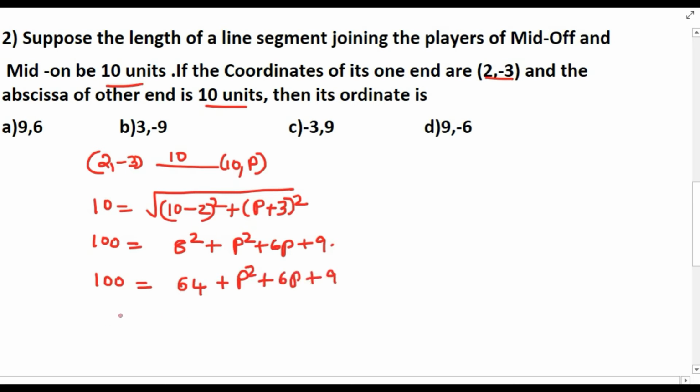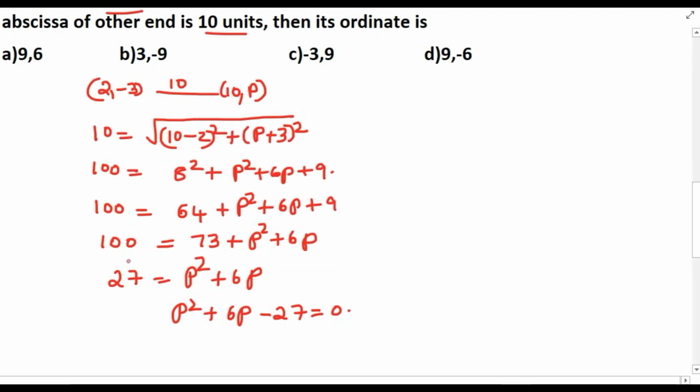So 64 plus 9 is 73, plus p square plus 6p equals 100. Now 100 minus 73 is 27. So I got the quadratic equation like this: p square plus 6p minus 27 equals 0. We should find two numbers such that the product is minus 27 and the sum is 6.